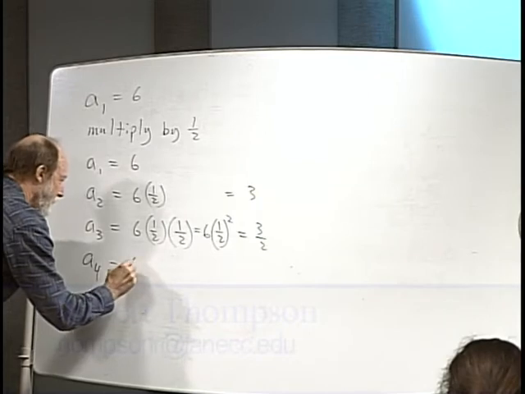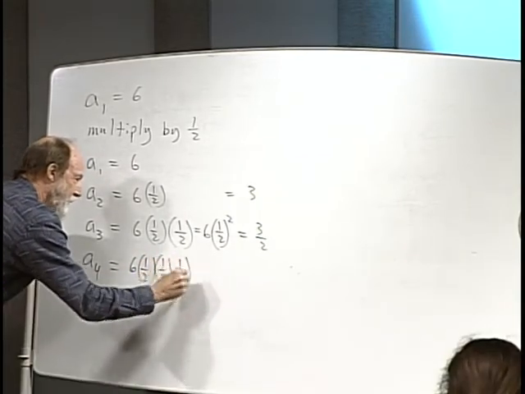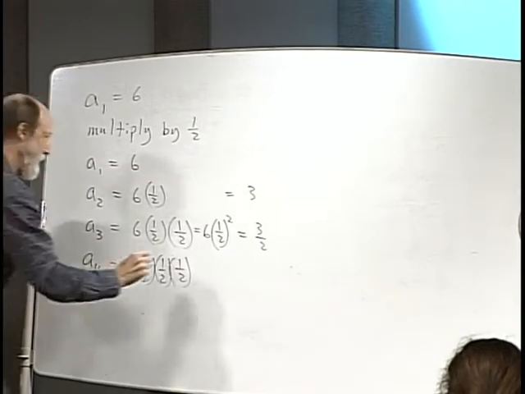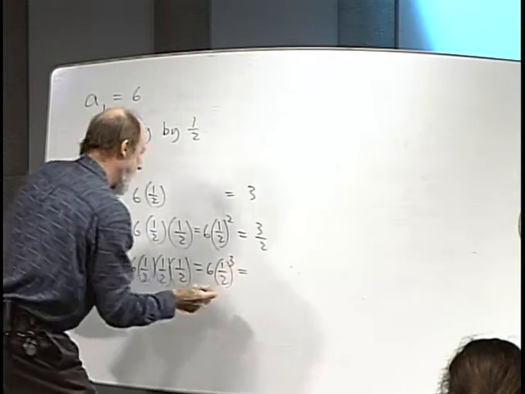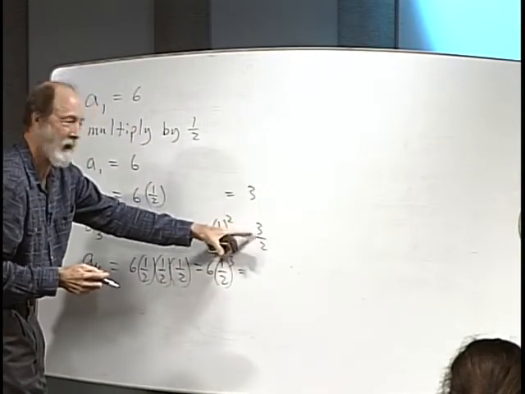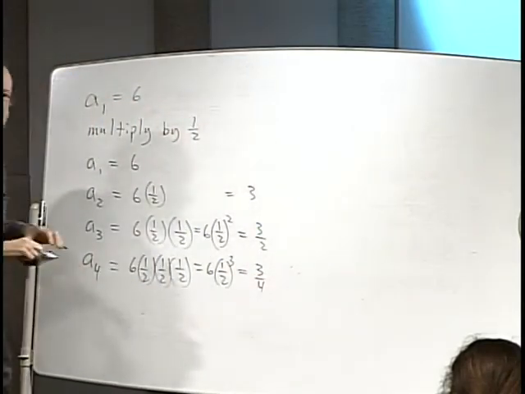We have 6 times the half times another half, right? And so we're ending up with 6 times a half to the 3rd power, and then that's going to be a half of this value, right? Which would be 3/4. Okay?